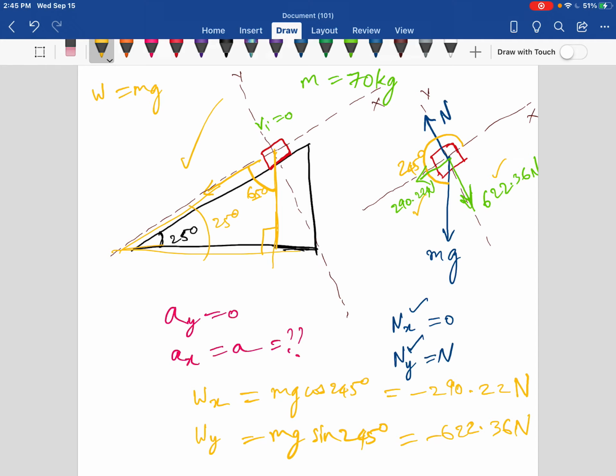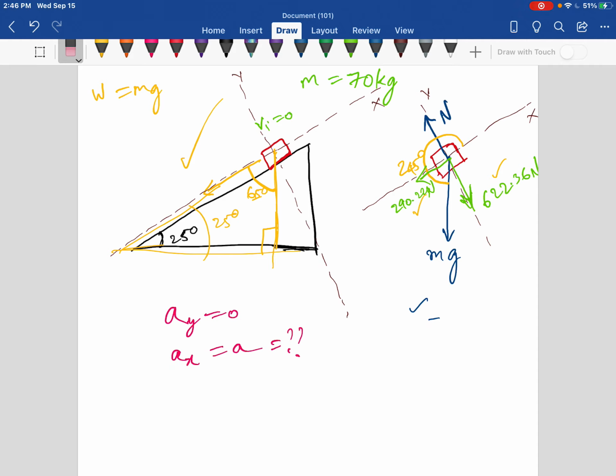That is the next step, right? So I'm going to erase this for now, all the components, how to figure out the components, and we want to find the acceleration, right? And that is the same as the acceleration in the x direction.